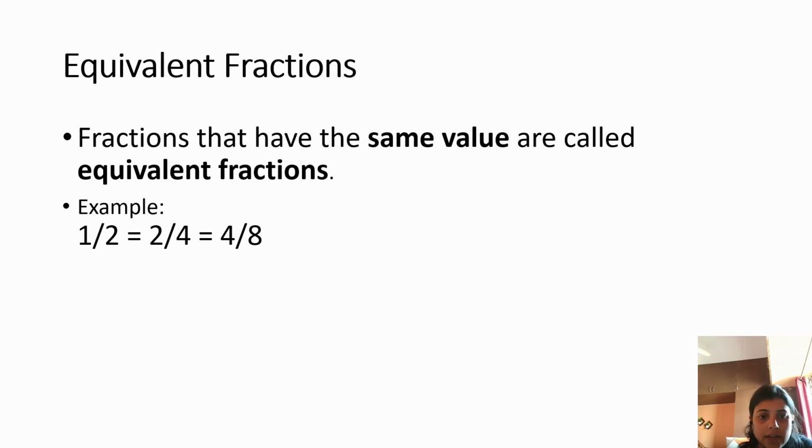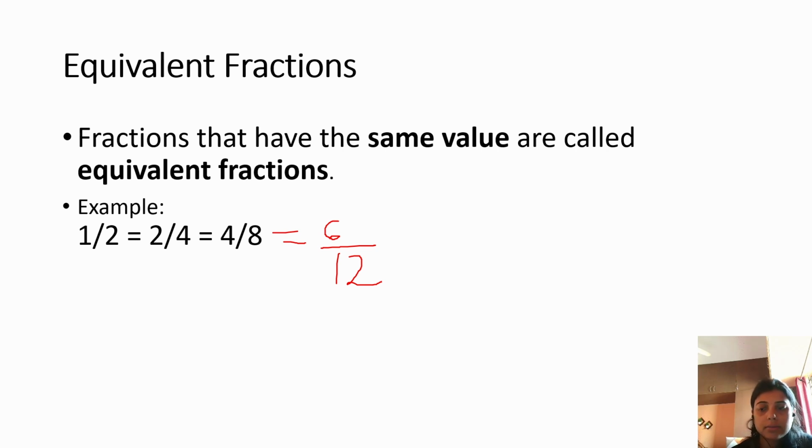All these fractions have the same value. Or let's say I can equate it to 6 by 12. This value is also same. So fractions that have the same value are called equivalent fractions.